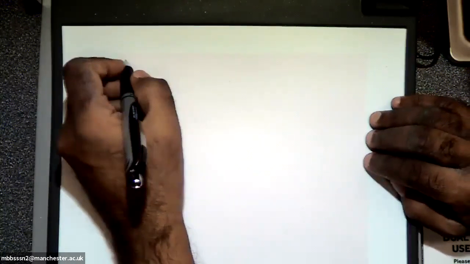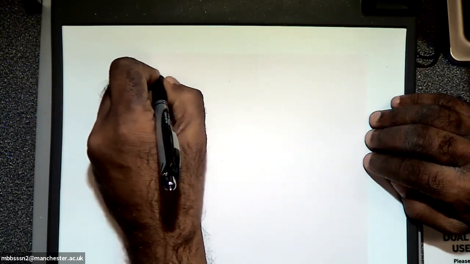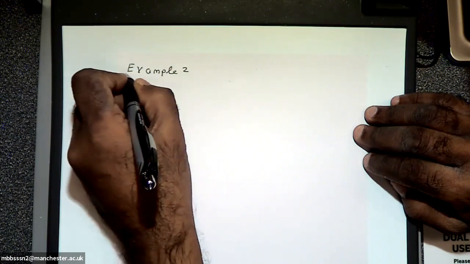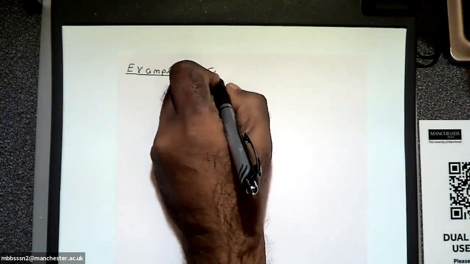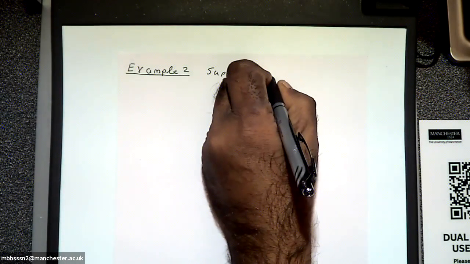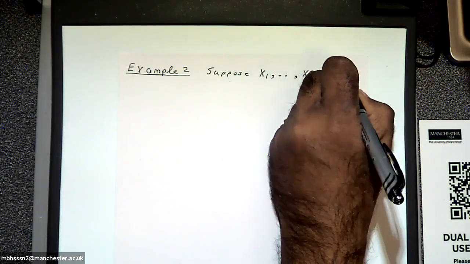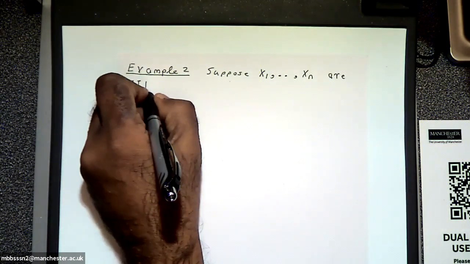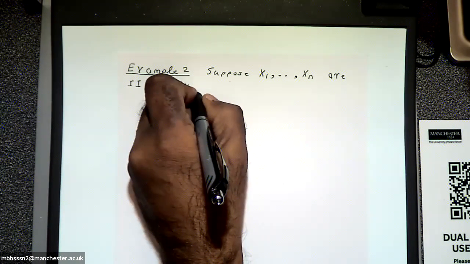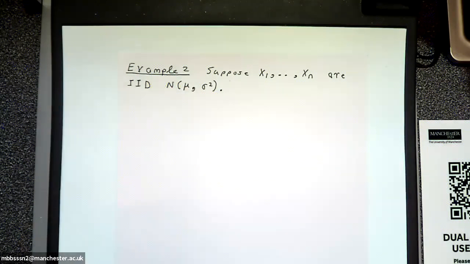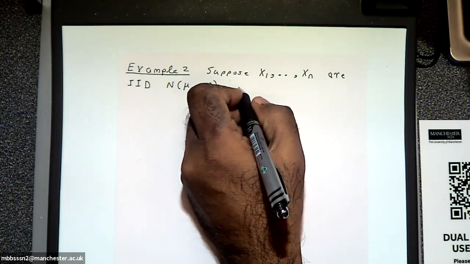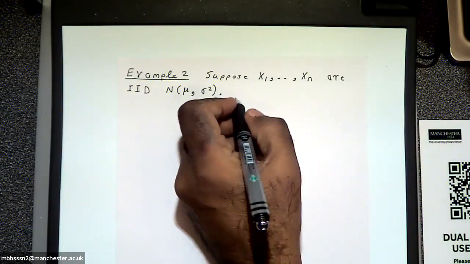This is example 2. Suppose you have IID normal, and in this case, we know from what we did earlier today the estimate for VaR.